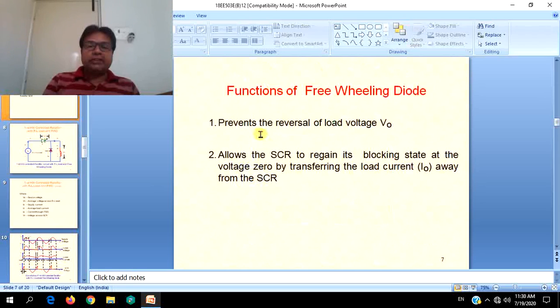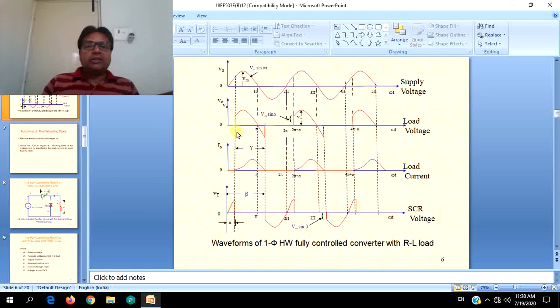When we compare with the previous slides, there the load voltage is not becoming 0 at pi, but reverse voltage is applied across pi to beta, and because of this the SCR voltage is 0 from pi to beta.